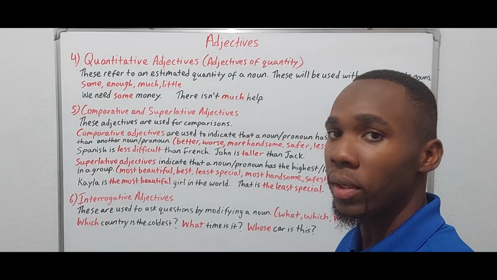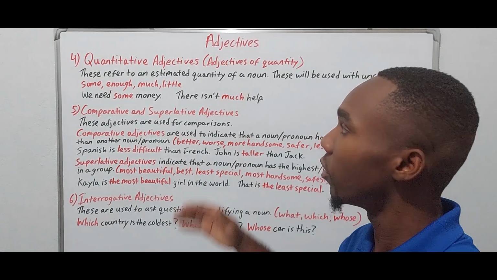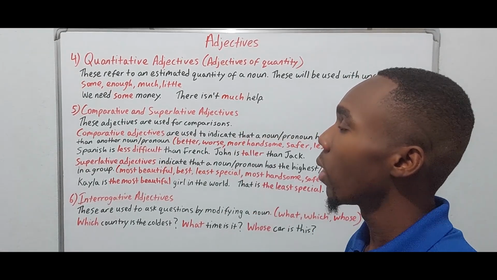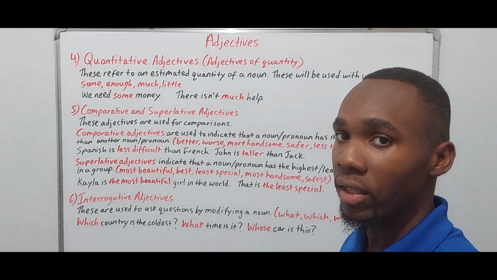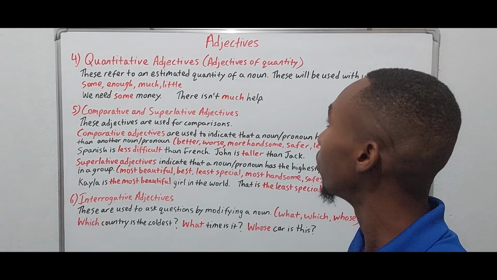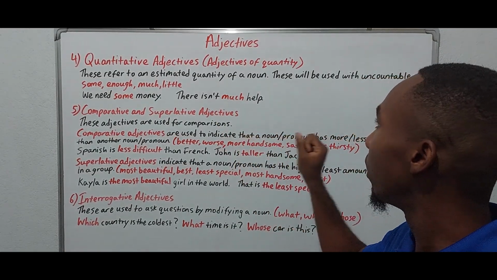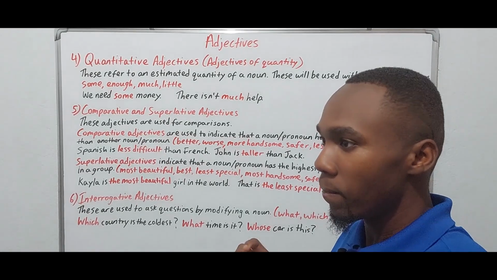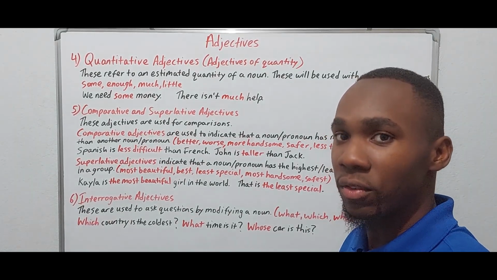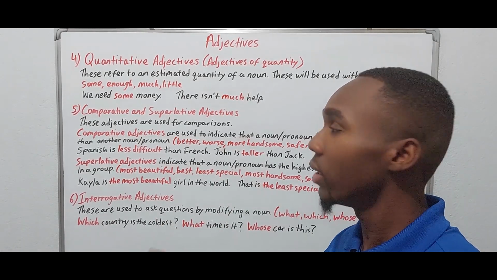So we continue our analysis of the different types of adjectives, and we move on to number 4. Quantitative adjectives, otherwise known as adjectives of quantity, okay? These refer to an estimated quantity of a noun. These will be used with uncountable nouns. So right then and there you would know that this is very similar to a concept that we studied previously, okay?